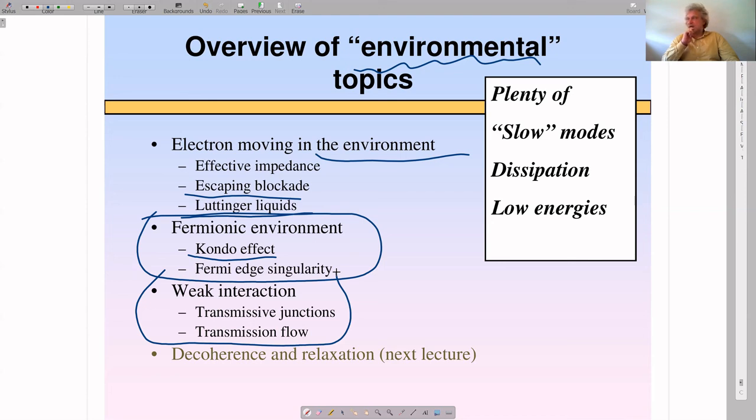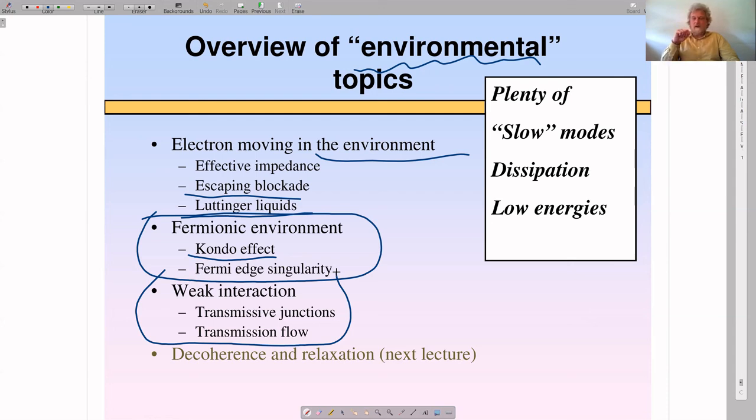There is, however, an important topic which we ought to discuss, because it kind of gives the ultimate justification of why we can regard electrons as quantum waves, why we can regard qubits as quantum systems.